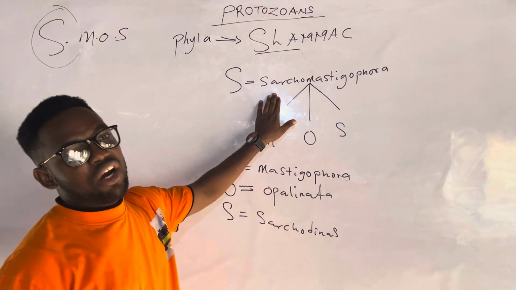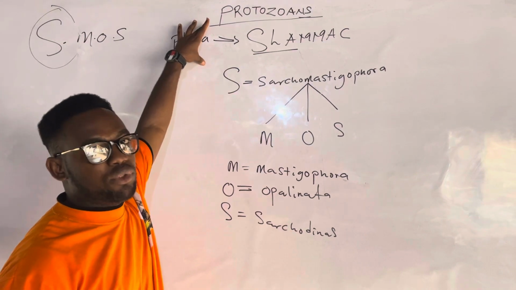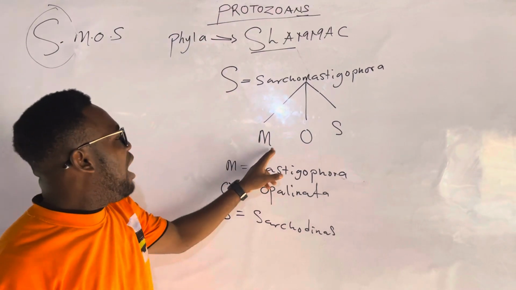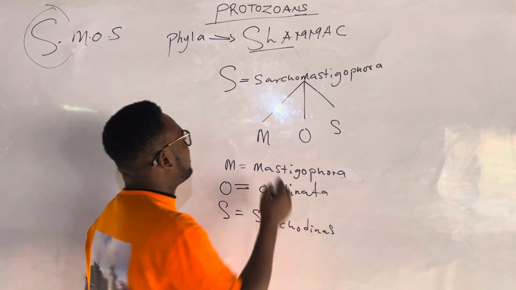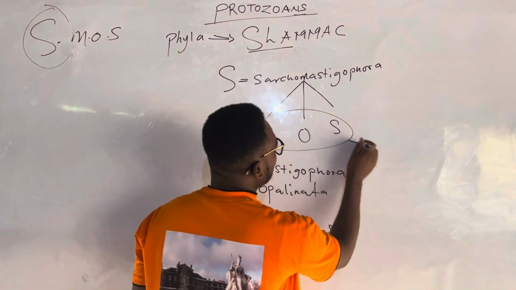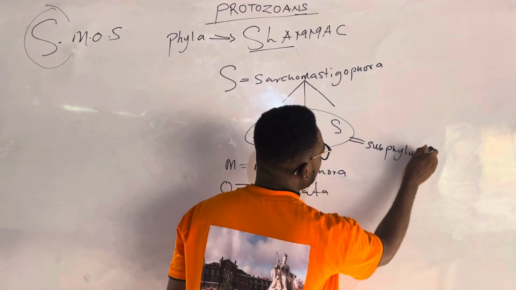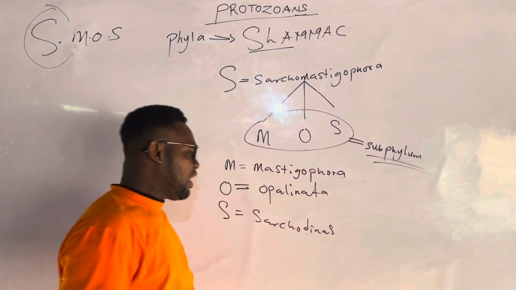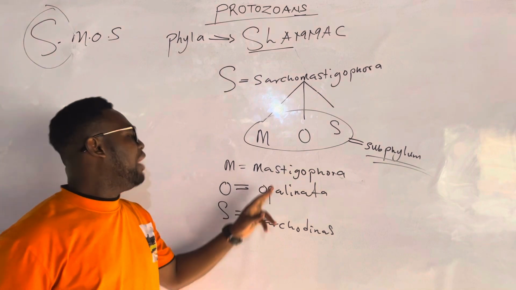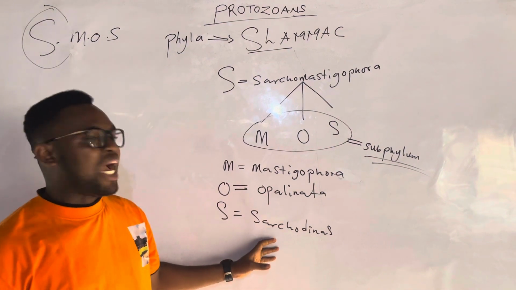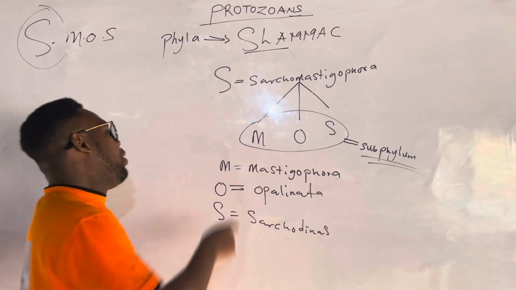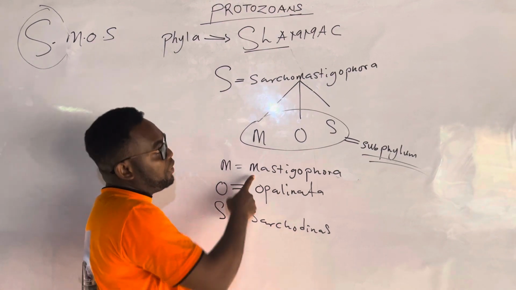So, Phytomastigophora is a major phylum under protozoans, while we have 3 subphylum. I call these 3 things here the subphylum. So the 3 subphylum we have are Mastigophora, Opalinata, and Sarcodinas. I will now move on to Mastigophora.